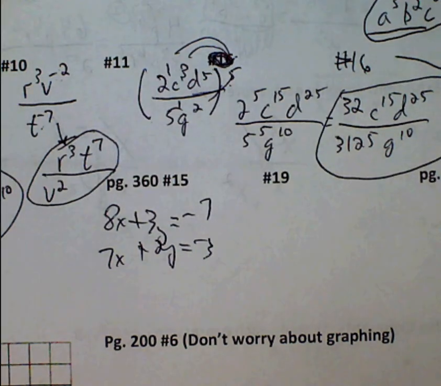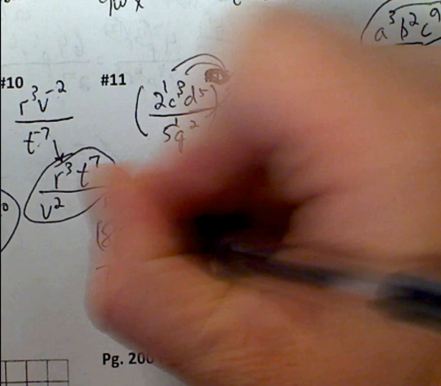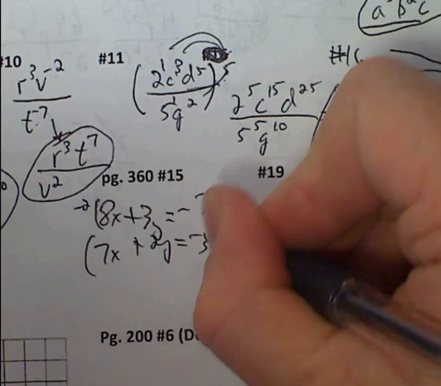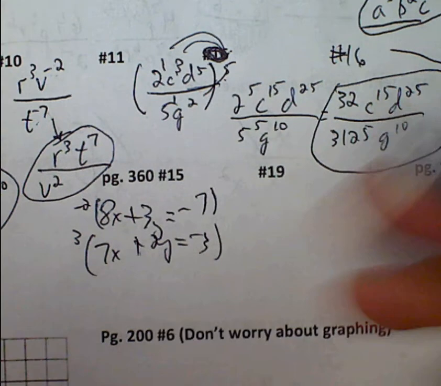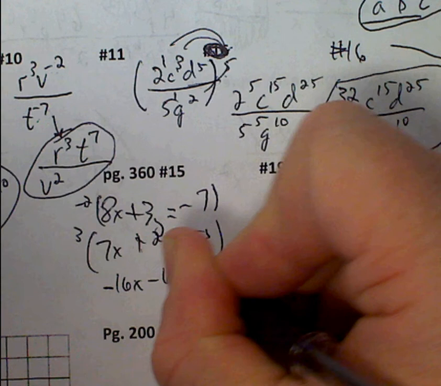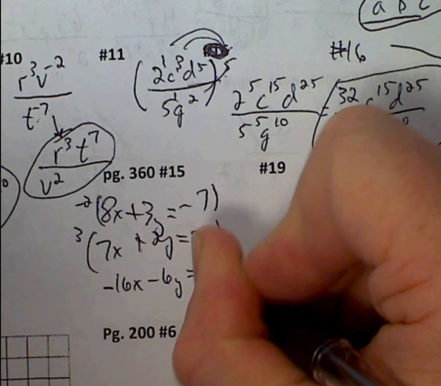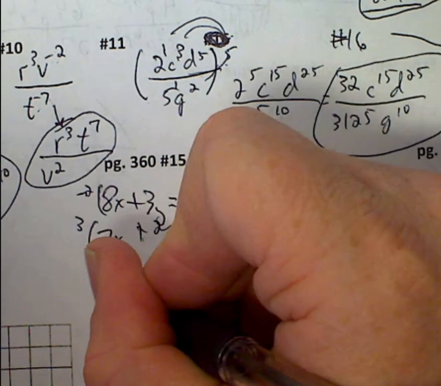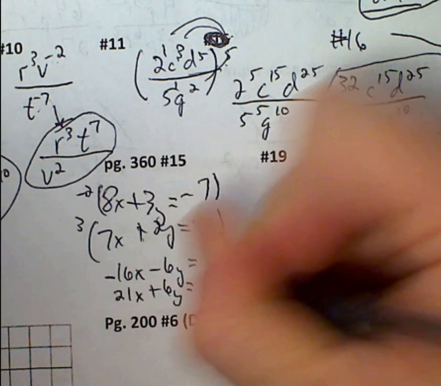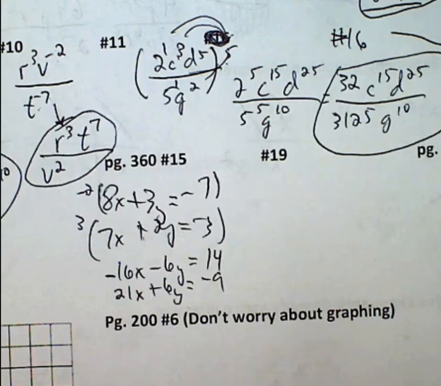I'm going to use elimination. They say use elimination. So I am actually going to multiply this by -2 to get -16x minus 6y equals +14, and this by +3. This is 21x plus 6y equals -9.